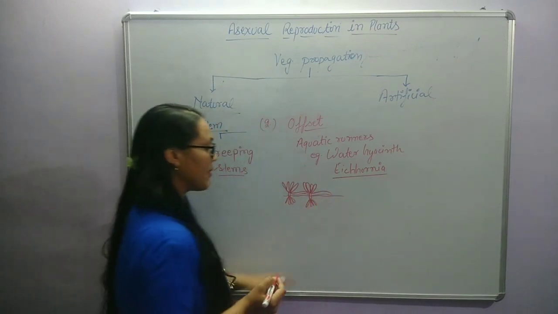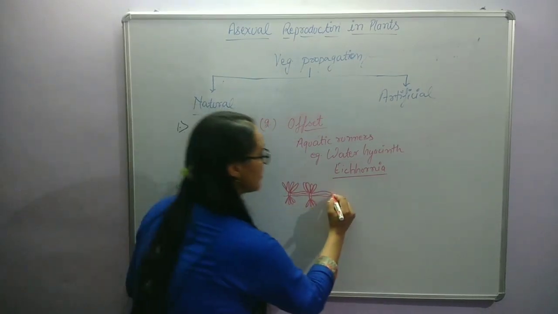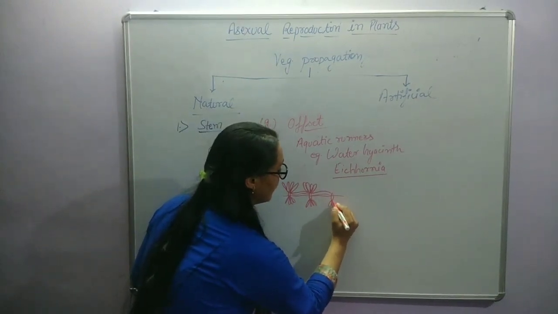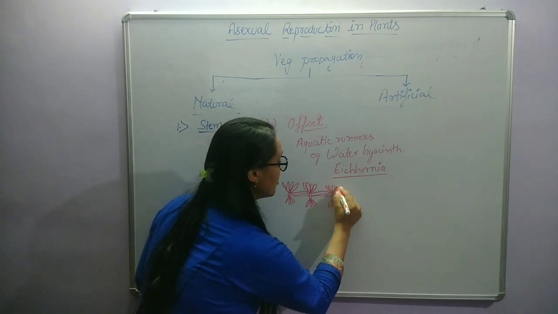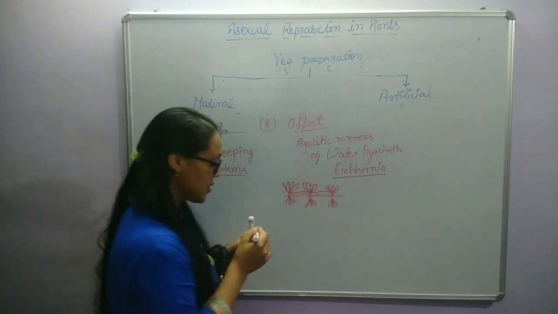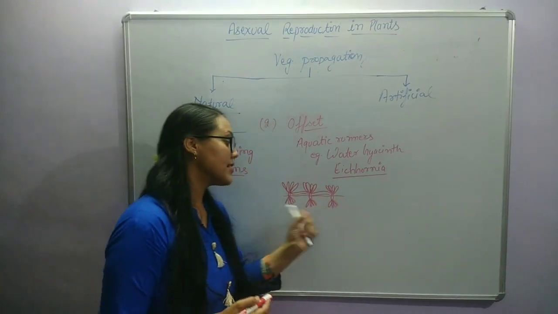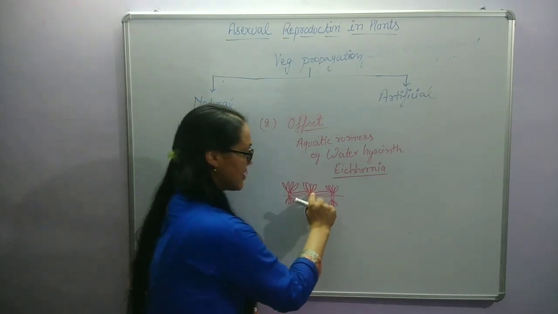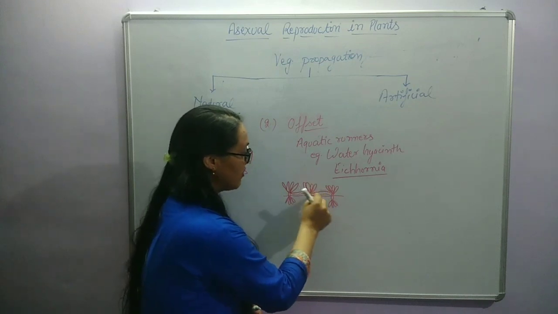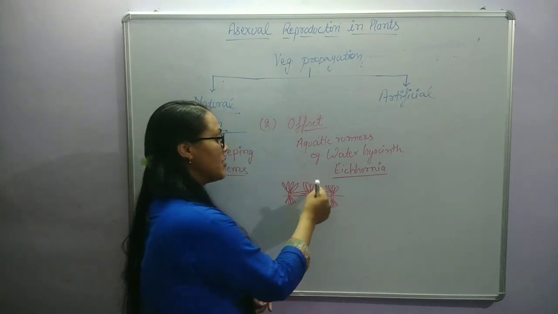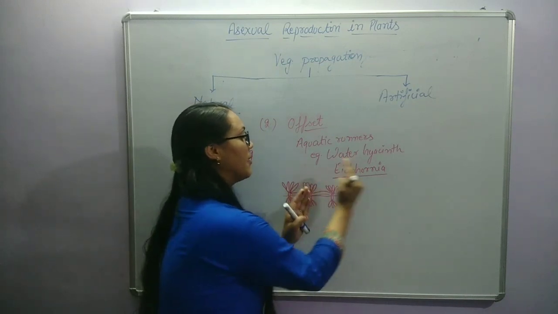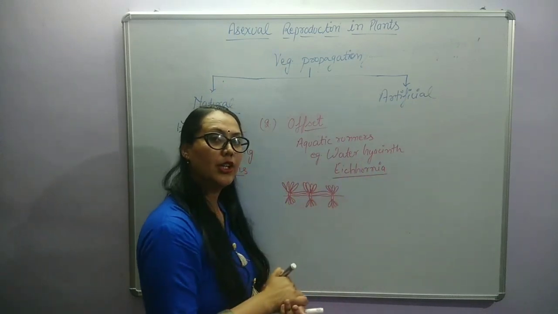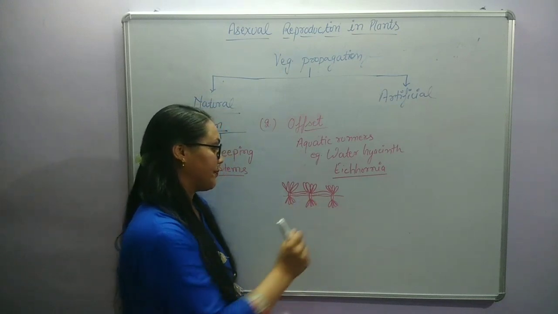When this horizontal branch touches the water surface, it will give rise to a new plant. These are the roots and this is the shoot. In this way, this plant propagates vegetatively. Sometimes this horizontal branch, which is very soft, degrades and the plant detaches from the parent plant, and now it is a new plant alone.